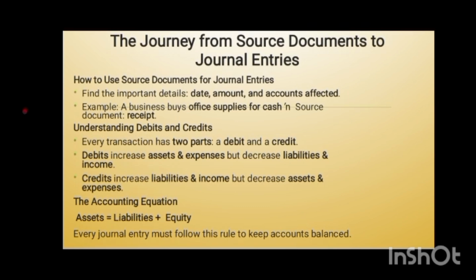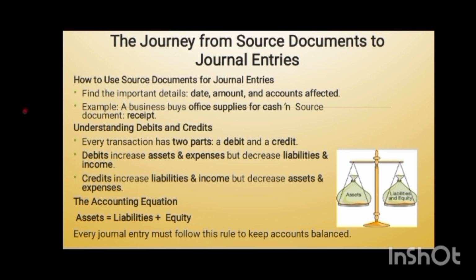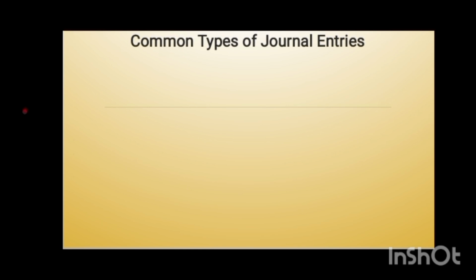So this equation must be maintained for the business, that assets equal liabilities plus equity. That must be balanced in the scale of accountancy, right? So these were the details to understand the connection of journal entry and source document.